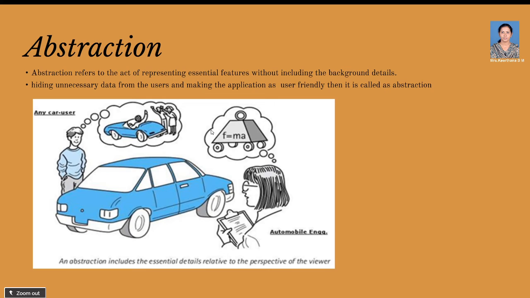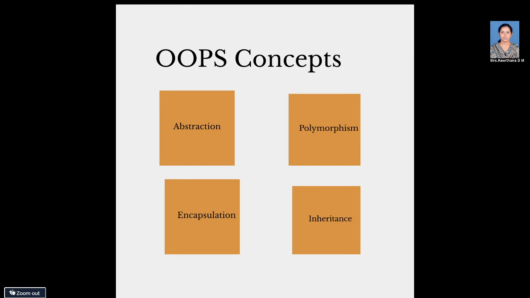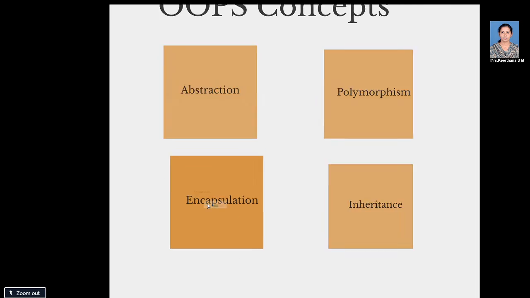So for the end user, we are going to give only the feel and the essential details, but we are going to hide all the background details that are unnecessary for the end users. Hiding unnecessary data from the users will make the application more user friendly, and that is called data abstraction.